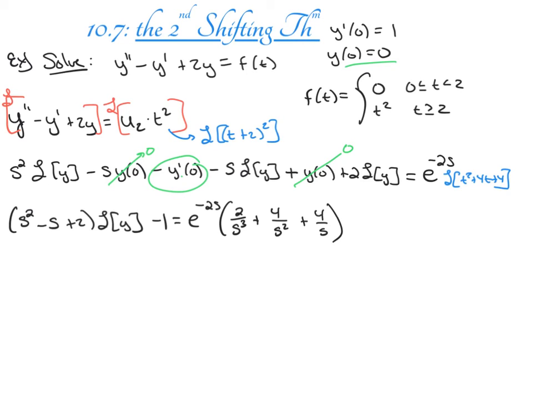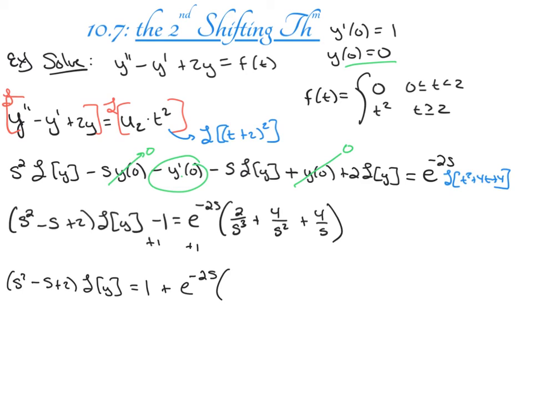Okay, gosh darn it, s squared minus s plus 2 doesn't factor. So we have two things to do. We have to add the 1 to both sides. So we've got s squared minus s plus 2 times the Laplace of y equals 1 plus e to the negative 2s.